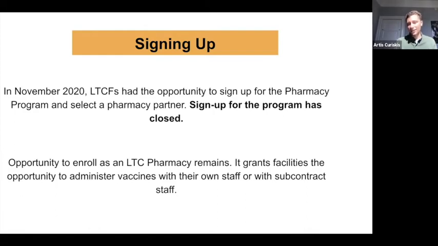As of right now, that sign up for that program is closed. Alternatively, there's multiple ways that they can still get vaccinations and sign up for that. There's also still an opportunity for LTCs to sign up and become long-term care pharmacies, which grants them more independence in administering vaccines with their staff or subcontracting staff into it.